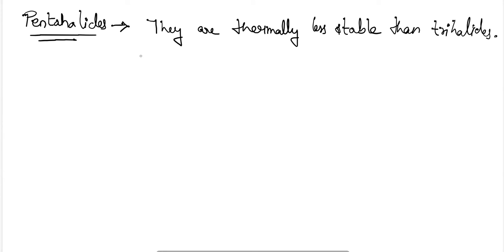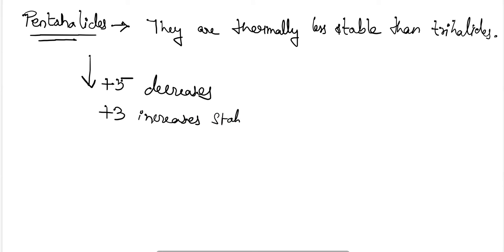The reason is that as we go down in the group, the stability of the +5 state decreases. We have studied this in previous topics also. On going down the 15th group, the stability of +5 decreases and the chances of making +3 compounds increase. Stability is higher in the +3 oxidation state than in the +5 oxidation state in elements such as bismuth and antimony.